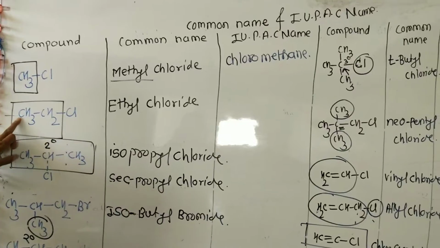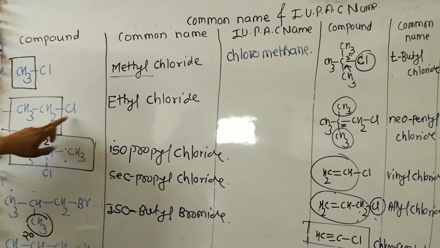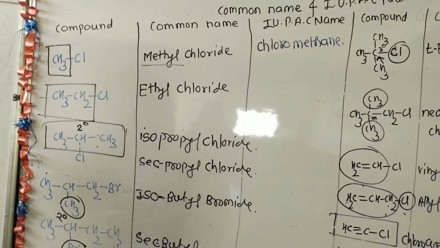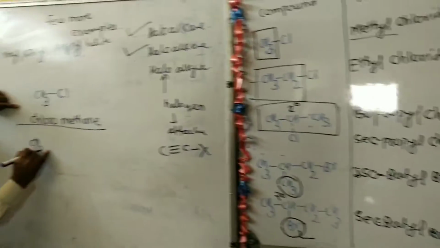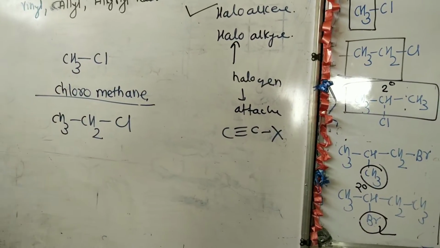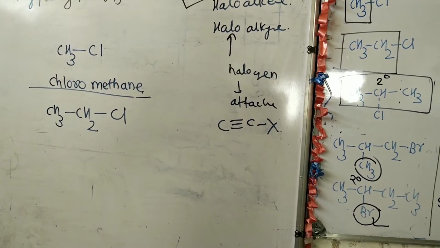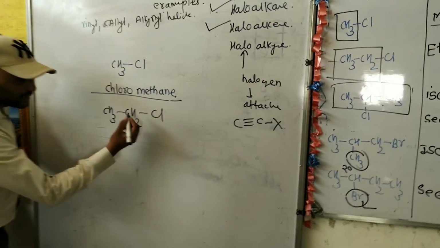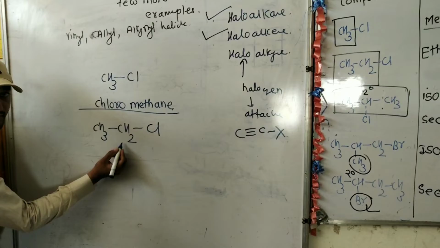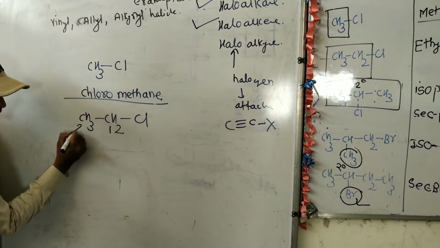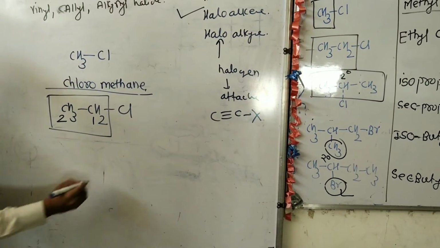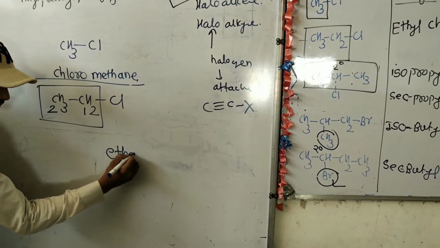Now take this example, CH3CH2Cl. So what is our rule? Select the longest chain from where the halogen is near. Our halogen is near here. That's why 1, 2. So a 2 carbon chain indicates that it is ethane.